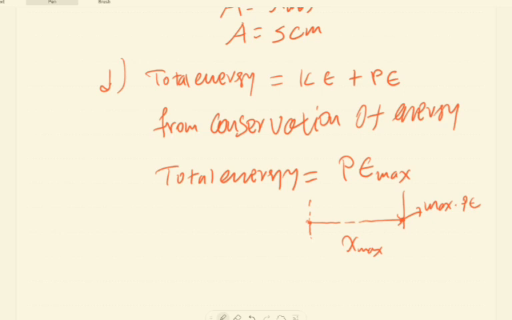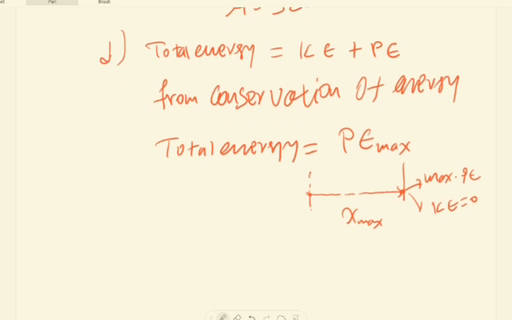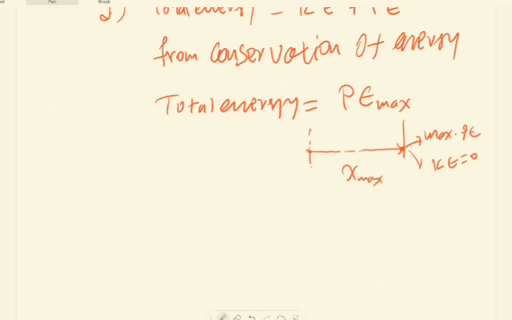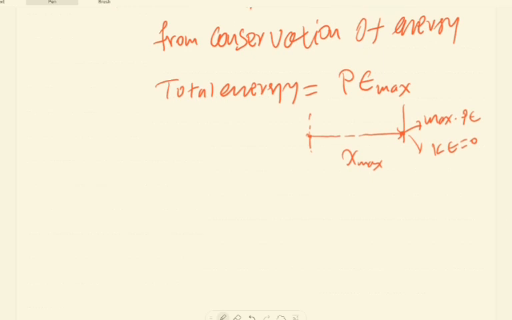Of course, at that point, the kinetic energy is zero. So the total energy would be the maximum strain energy or potential energy. So, simple calculation, the maximum potential energy is simply half times the spring constant k times the amplitude squared.